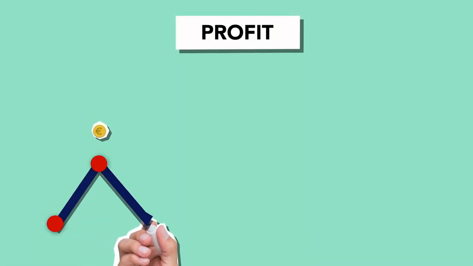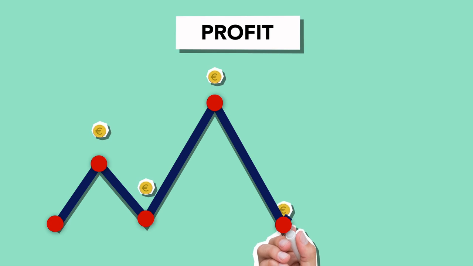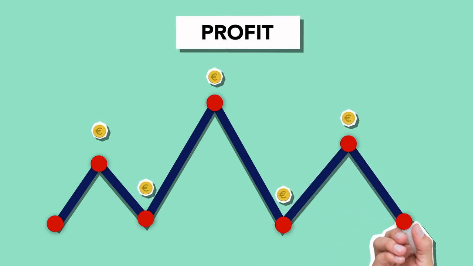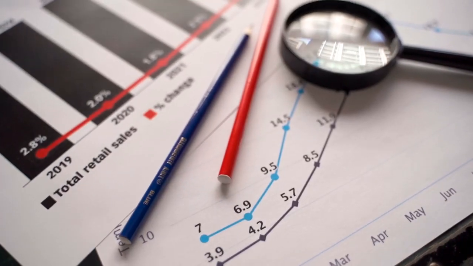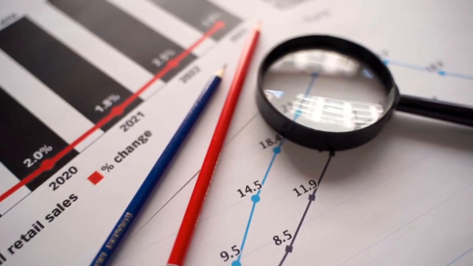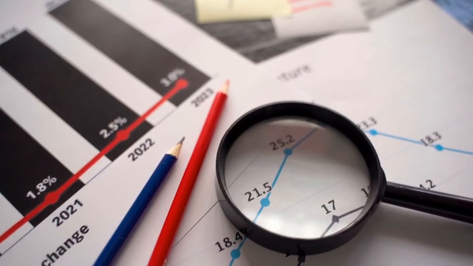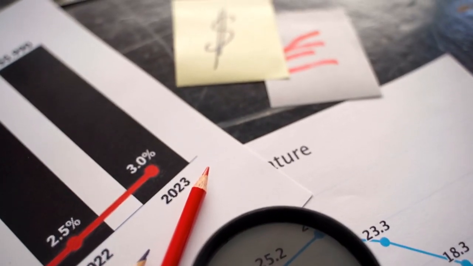As I mentioned, we have two different options: call options and put options. First, let's look at call options. A call option gives you the right to buy the asset at a fixed price, so we will get a profit when the price of the asset goes up. For example, as of today, Nifty is trading somewhere around 25,000 levels.